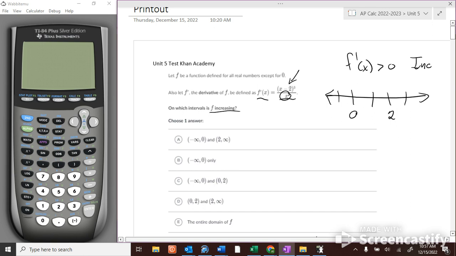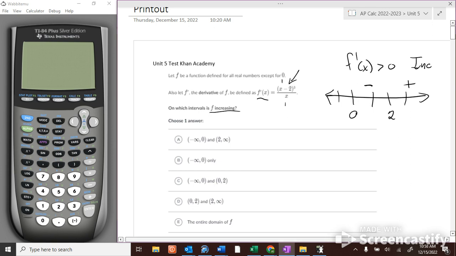All right, so if we try the number 3 in this function, put a 3 in for x. 3 minus 2 is a positive number, so you have positive over positive, it's going to be positive over here. So it's definitely increasing on this side of 2. If we put a 1 in here, we get a negative, because the third power keeps it negative, over positive, so it's negative at 1.